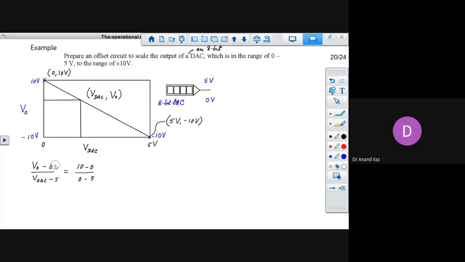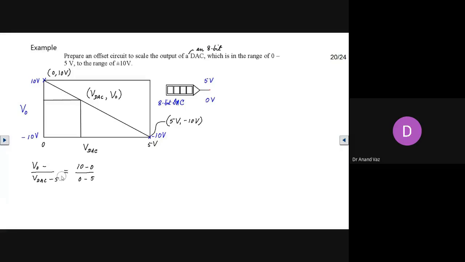So here we will have V naught. Here there will be a change. Also here, so let us see.